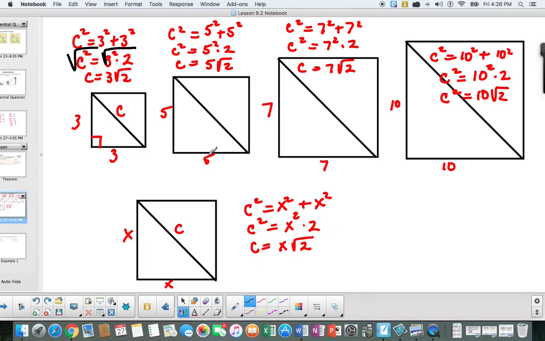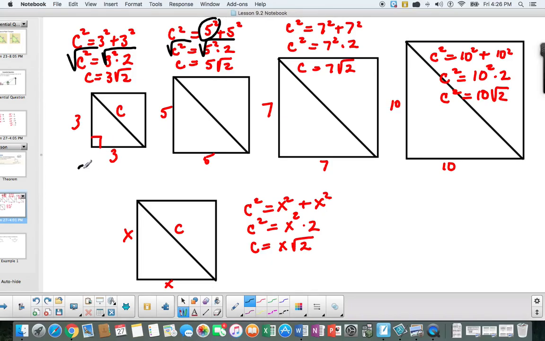For the 5 by 5 square, I'm going to get 5 squared plus 5 squared. I'll have 2 of these, so I have 5 squared times 2. I take the square root of both sides, and I get c equals 5 root 2, because the square root of 5 squared is 5, but the 2 has to stay in. So it looks like we're seeing a pattern.